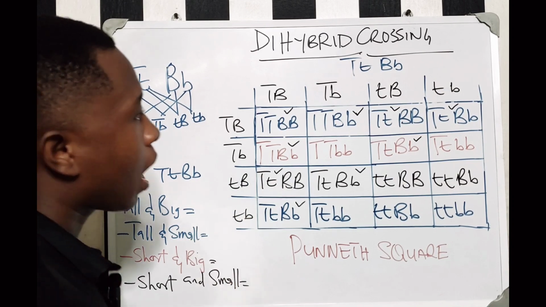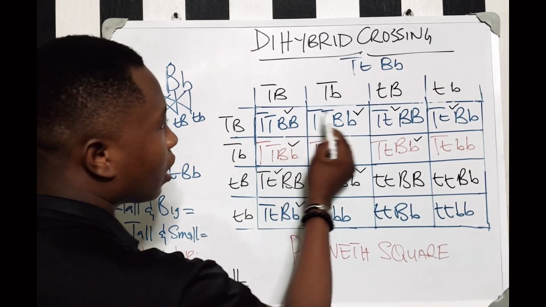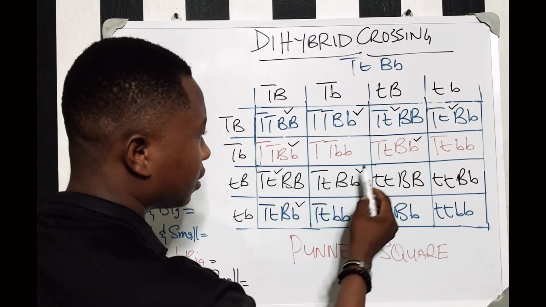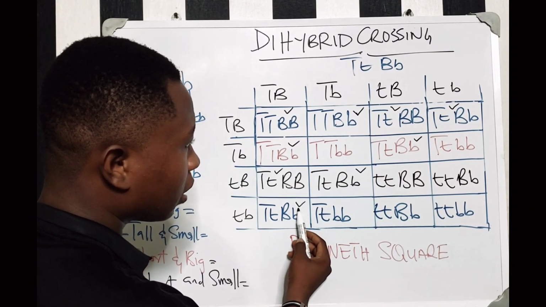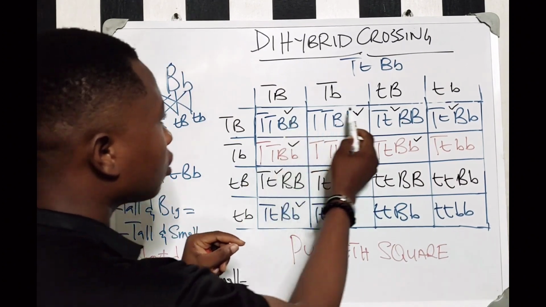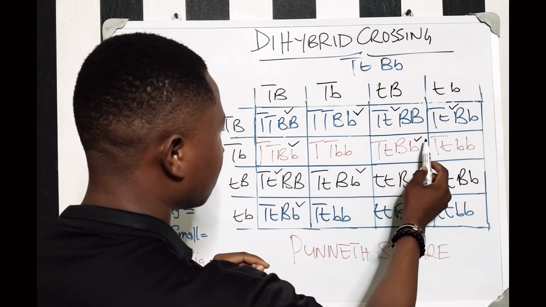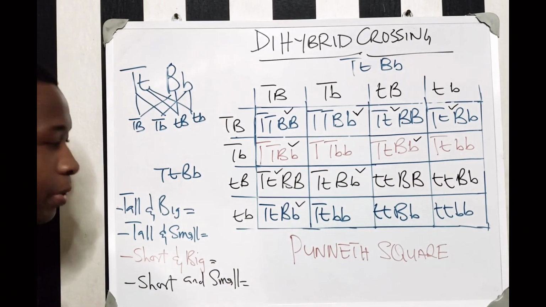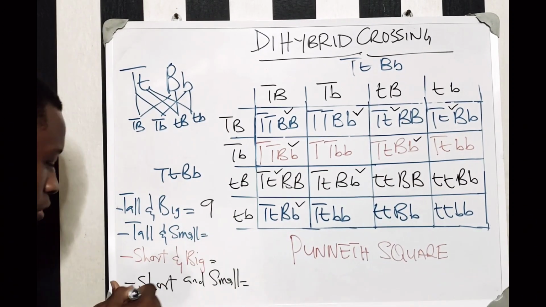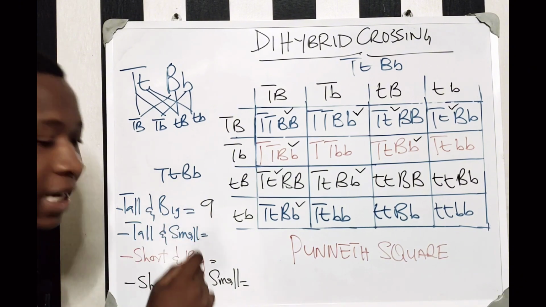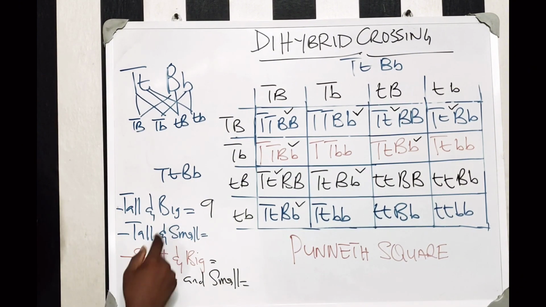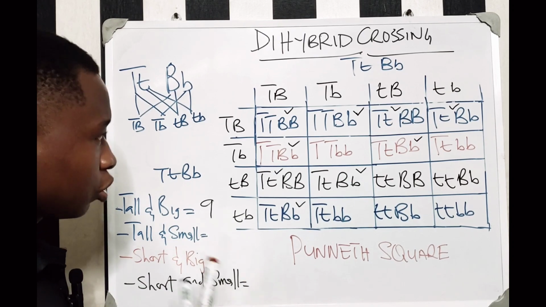So let us count how many tall and big we have here. 1, 2, 3, 4, 5, 6, 7, 8. Okay, there must be one more. 1, 2, 3, 4, 5, 6, 7, 8, 9. Yes, we are correct, 9. So the tall and big would give us 9. Now let us count the ones that are tall and small.